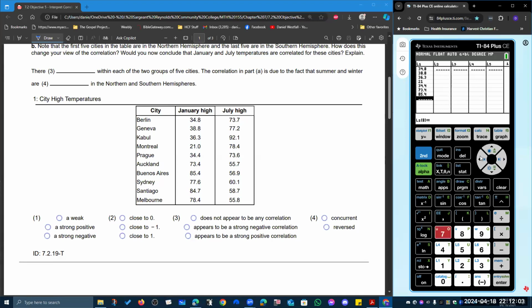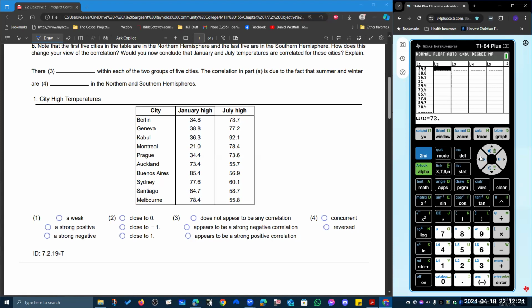And notice that the January temperatures in the southern hemisphere are high because it's summer for them. The January temperatures in the northern hemisphere are low because it's cold for them.